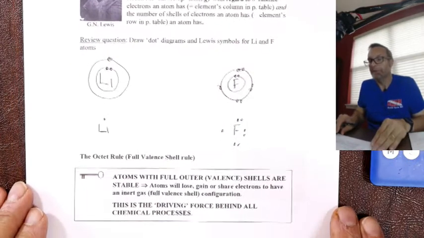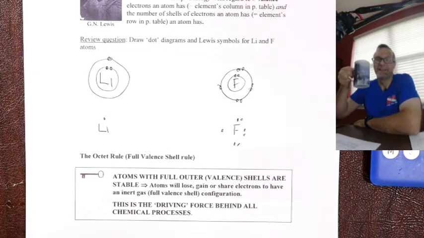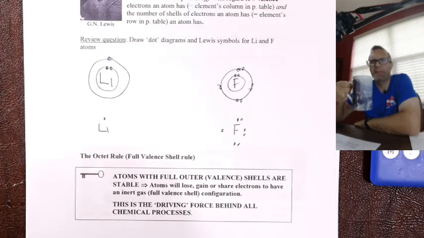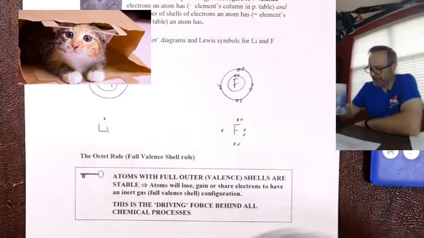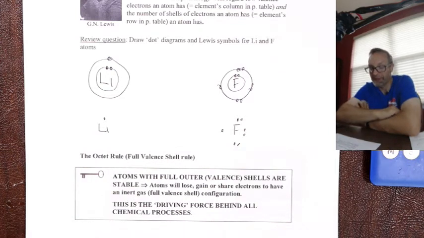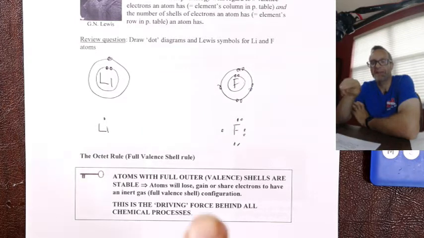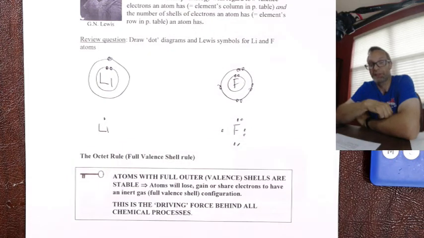Now, I already let the cat out of the bag, so I already told you the secret. It turns out, and this is reinforced by our last packet where we looked at what full octets do: if you try to add an electron to an atom with a full octet, to make it a minus ion, nothing would happen because the effective nuclear charge is essentially 0.